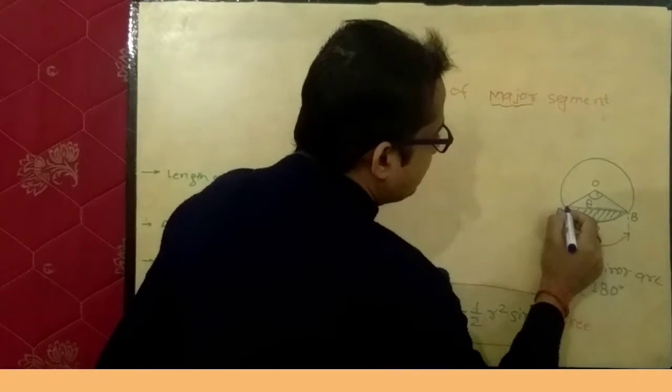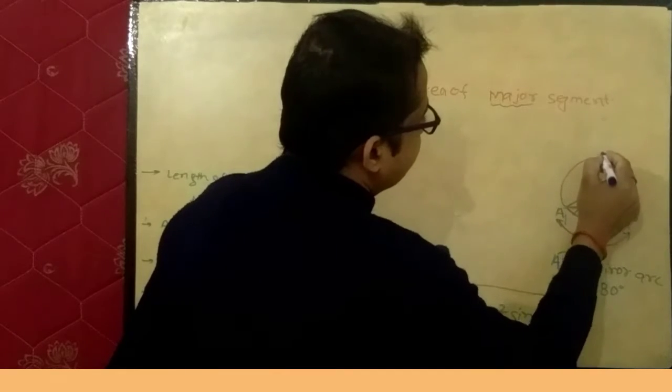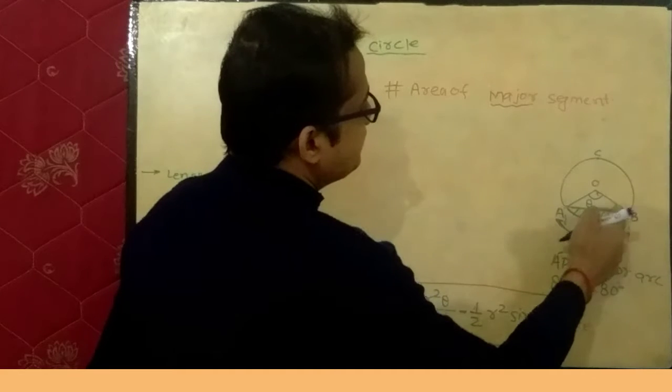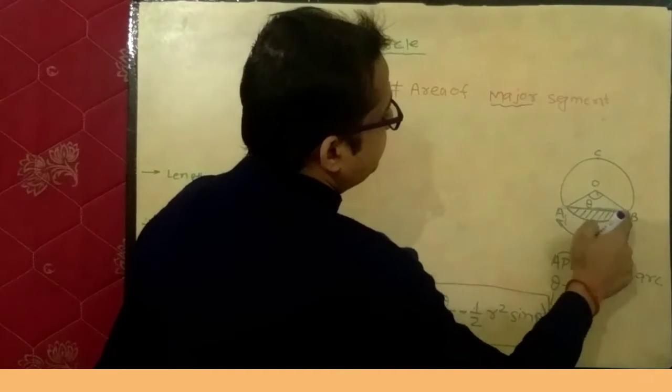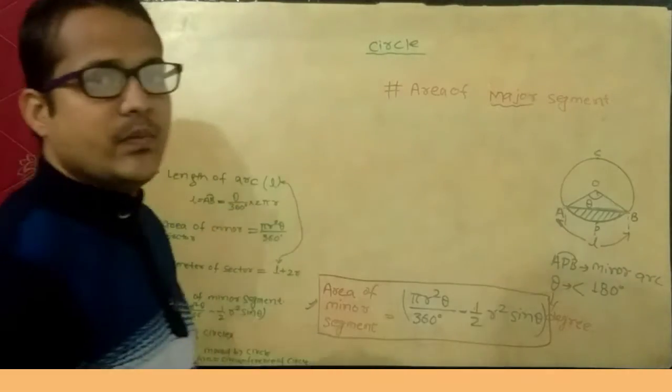This chord AB and this major arc ACB make this portion, which is known as the major segment.